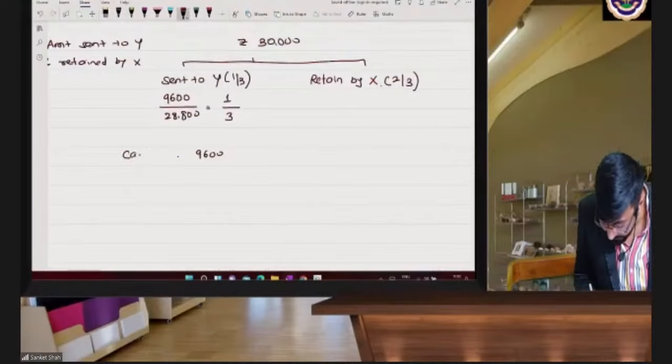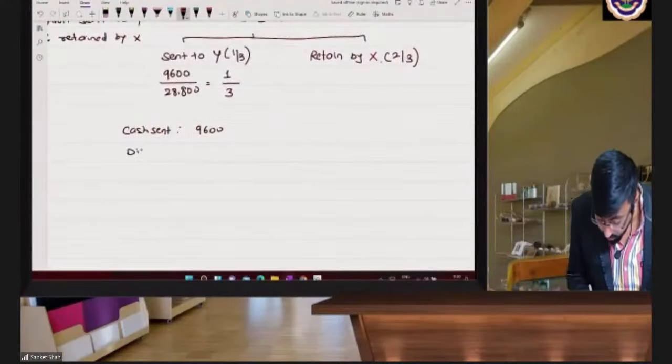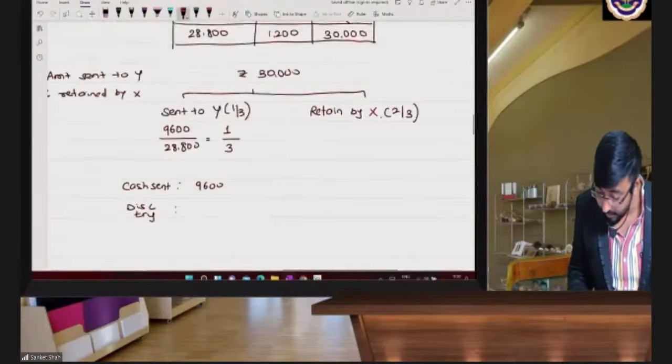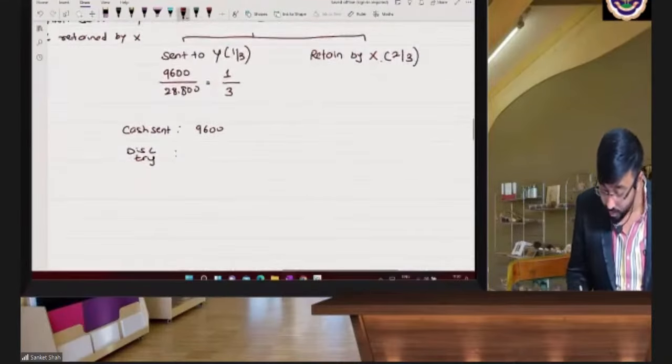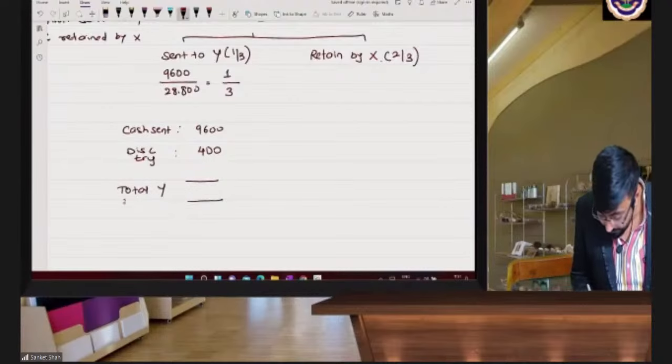Cash sent, like the 330 in my example. Discount is also transferred, 1/3 of it. 1/3 of 1,200 is 400. And Y is a receiver of a total of rupees 10,000.